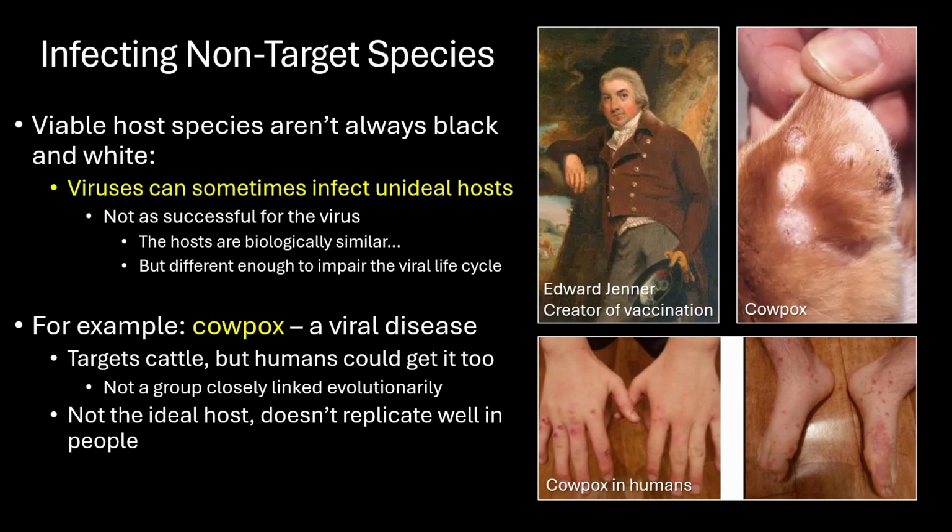And so occasionally, even though cowpox has evolved to infect cattle, it can more easily spill over into humans rather than other mammals because of the similarity in the viruses and the mechanisms that they use to infect us. So humans here in this situation are not really an ideal host. It doesn't replicate as well in humans, but it doesn't mean that it can't do that at all. And so sometimes this spillover does happen.